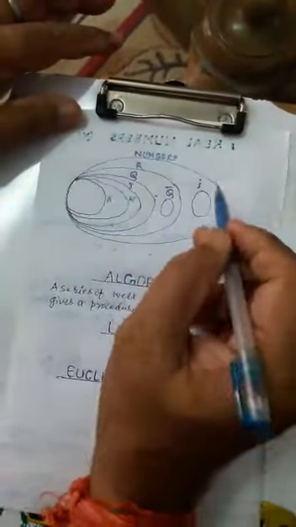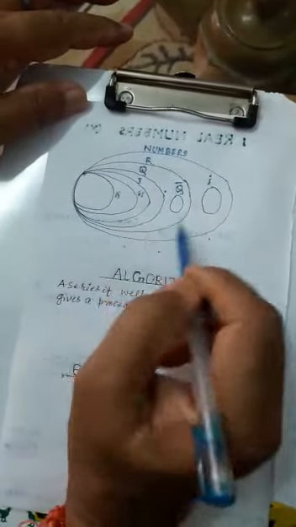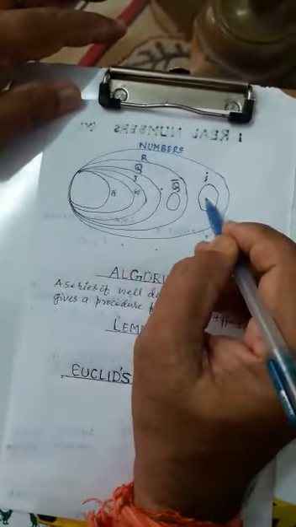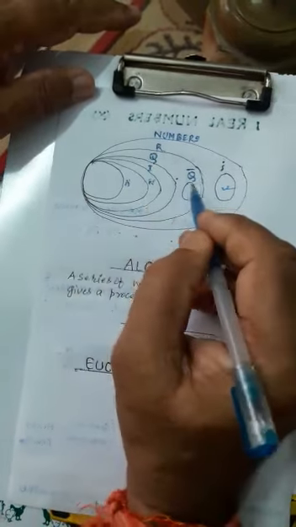This classification here I have explained. This is the complete set of numbers. There are two types of numbers. This is the set of reals. This is the set of imaginary numbers. Real numbers are also of two types. This is the set of rational numbers and this is the set of irrational numbers.